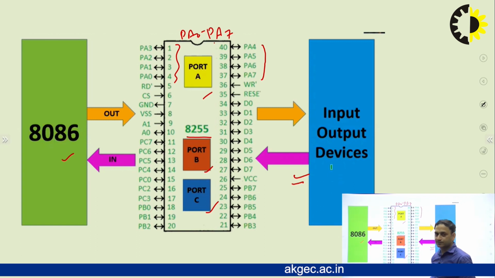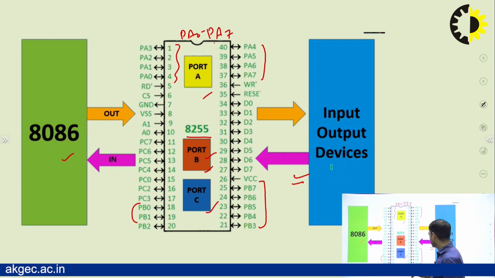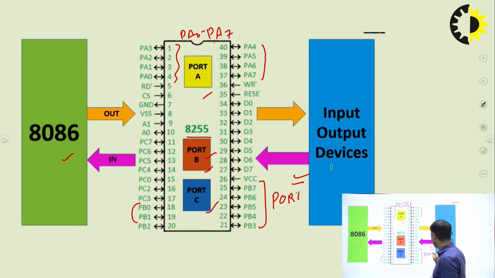So port A comprises 8 lines. Similar to that, port B also comprises 8 lines, PB0, PB1, PB2, PB3, 4, 5, 6 and 7. So these are port B.